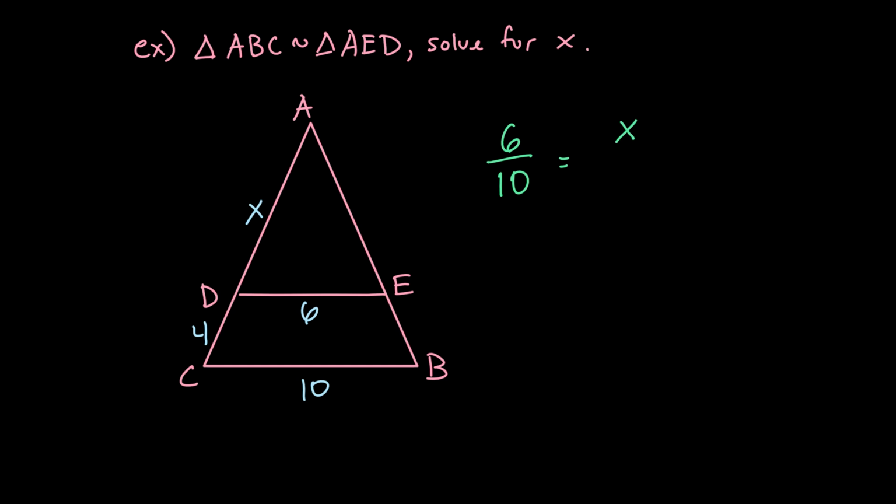X. So that has to go up top. And then what's the other side on the larger triangle? Now, is 4 the entire length of the big triangle? No. So what do you think you're going to have to do here? x plus 4. Because 10 is the entire length of the big triangle, you have to make sure you're using all the way from A to C.